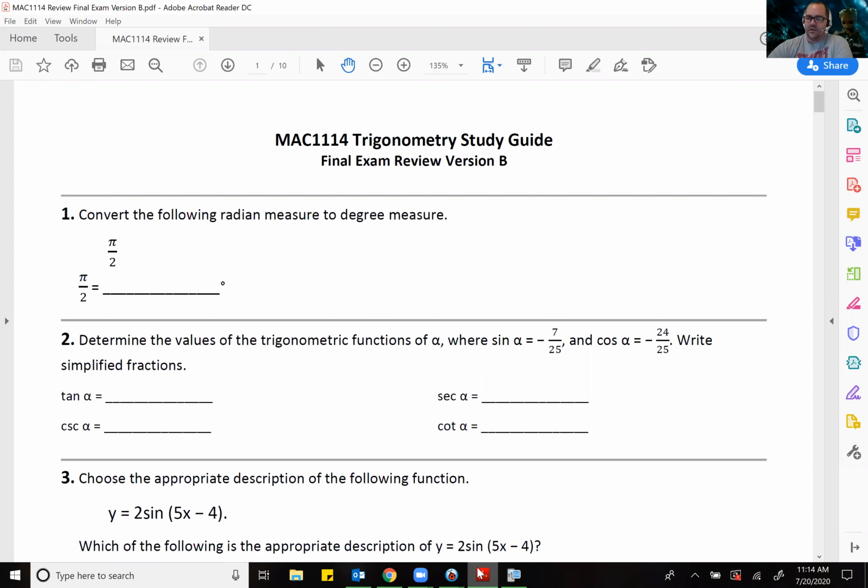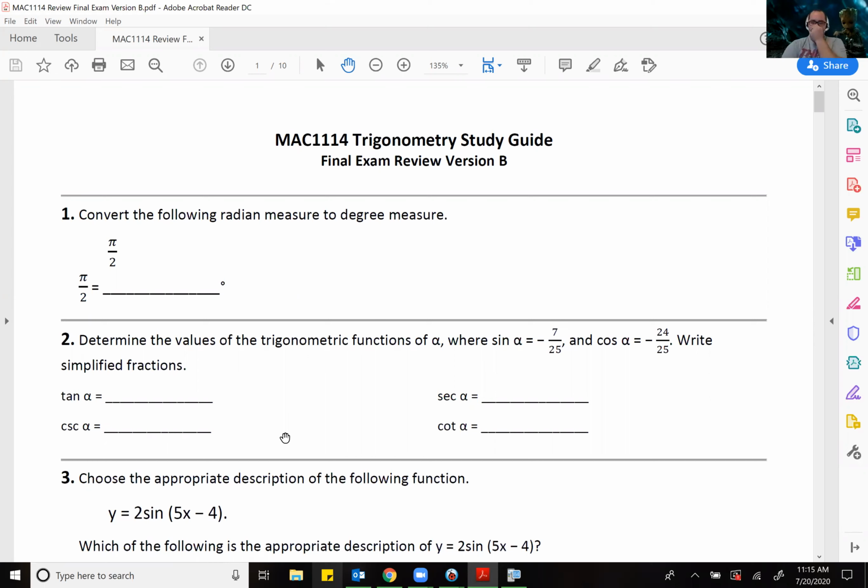So we have sine of alpha equal to -7 over 25, and cosine of alpha equal to -24 over 25. They want us to find the rest of the functions: tangent alpha, secant alpha, cosecant alpha, and cotangent alpha.